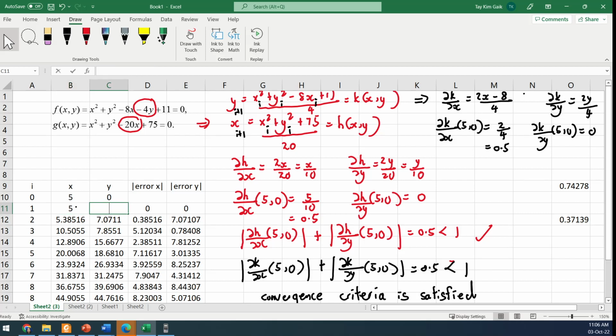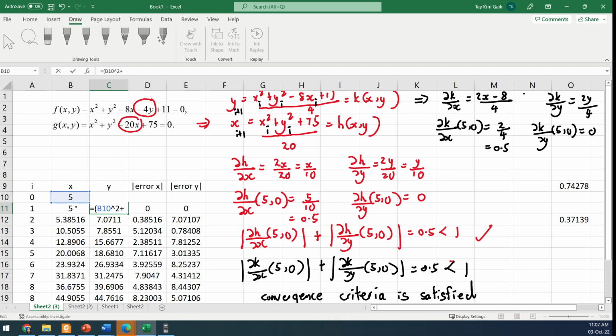And then with x naught, y naught, you can calculate y number 1. That means plug x naught and y naught into the y i plus 1 formula. So you have what? X naught squared plus y naught is C10.